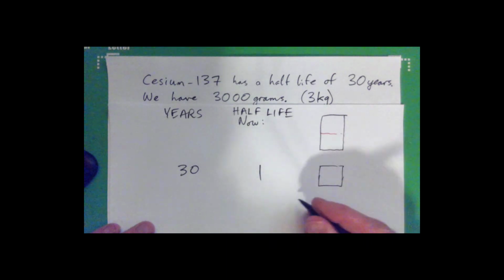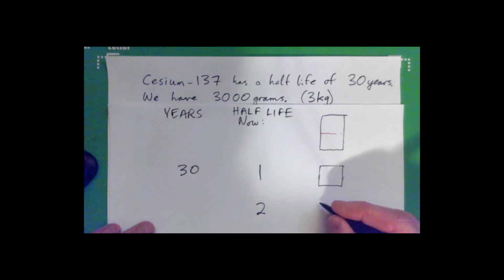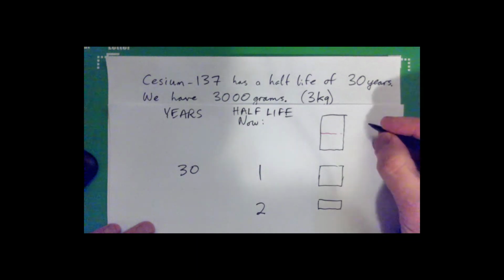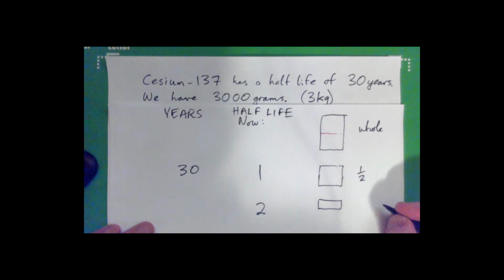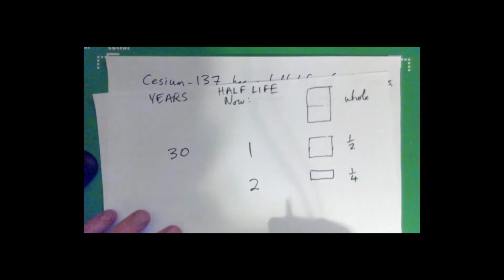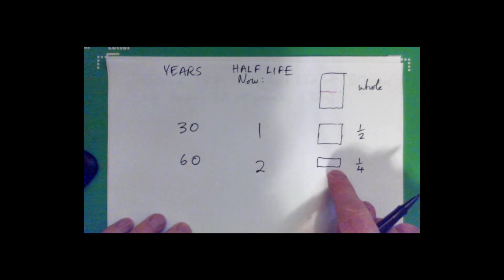Now, does that kind of make sense? In 2 half-lives' time, we've got half of the remaining amount, right? So this is like the whole amount, and then we have half of it remaining, and then a quarter remaining. And each half-life is 30 years. That means in 60 years' time, that's 2 half-lives, we've got a quarter remaining.